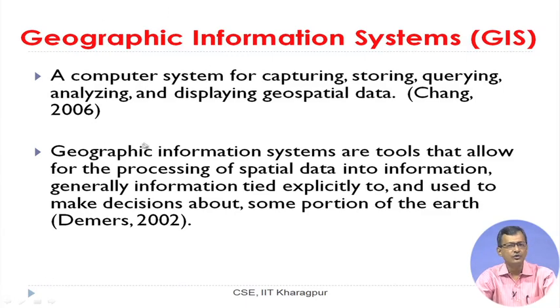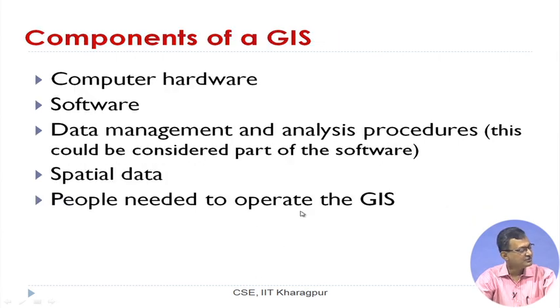So if we look at some formal definitions, it is capturing, storing, querying, analyzing and displaying geospatial data. Geographic information systems are tools or platforms which allow you to handle spatial data, information related explicitly or implicitly to the earth's surface. We are not going deep into this, just to have an idea of what sort of data.